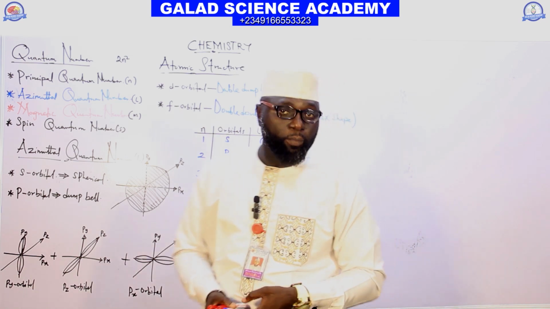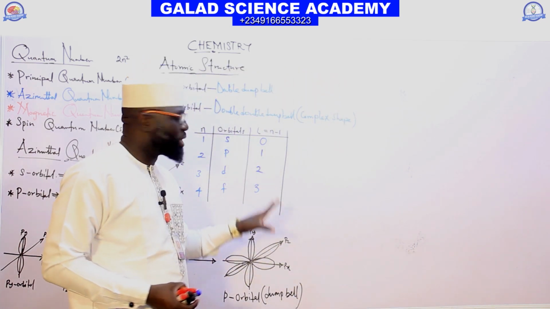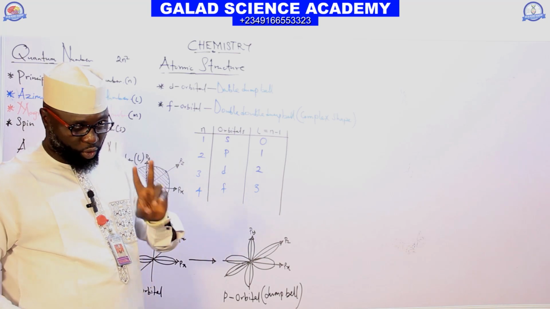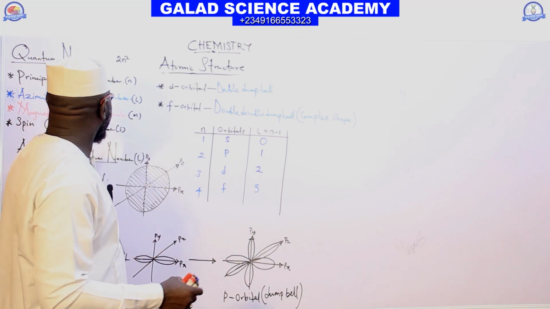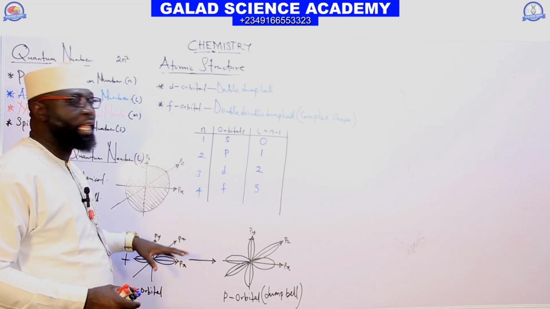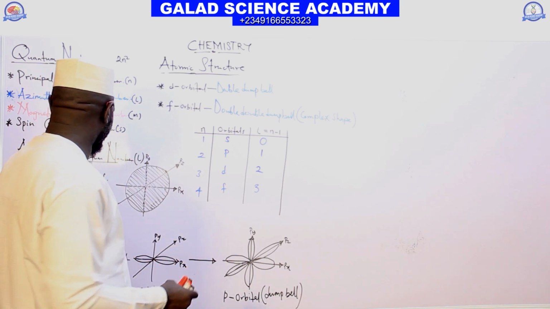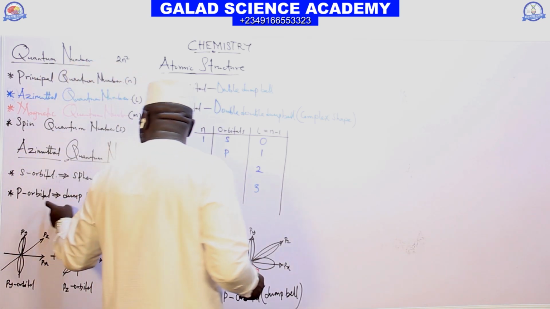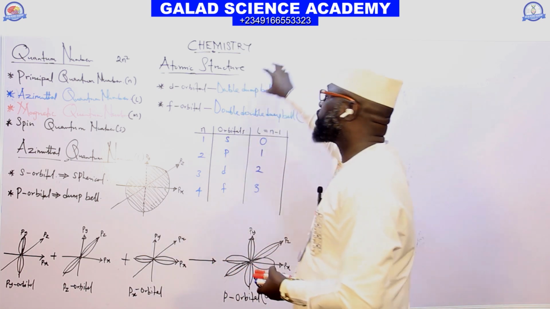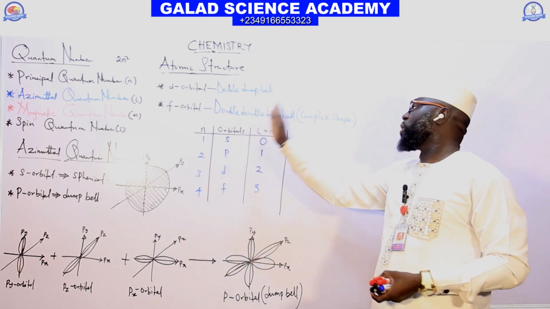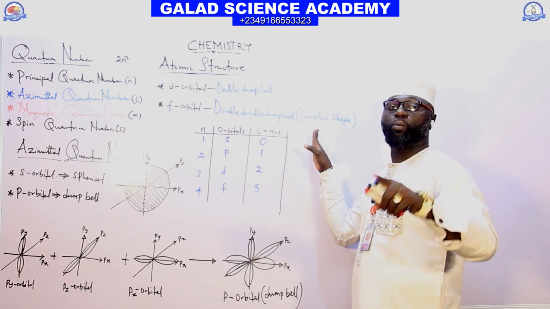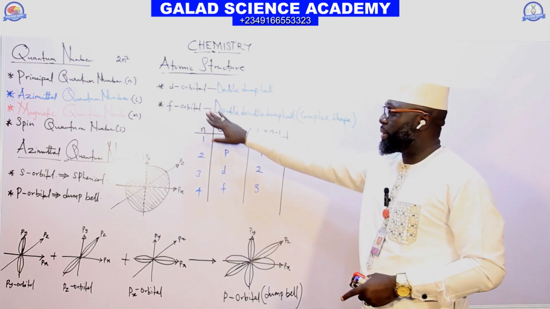So, don't forget that the azimuthal quantum number has two functions. It explains the shape of orbital. It tells you that S orbital is spherical shape, P orbital is dumbbell, D orbital is double dumbbell, F orbital is complex shape or rosette shape or double dumbbell.